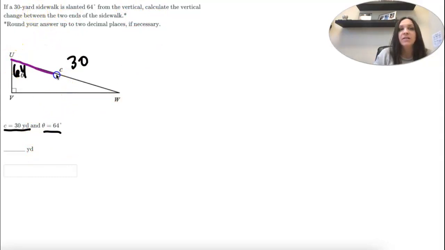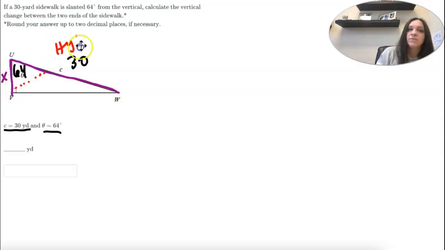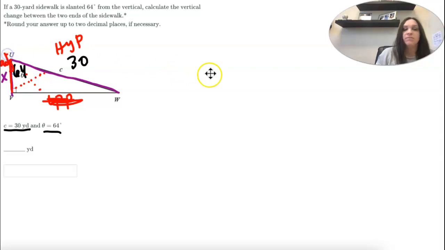It's slanted 64 degrees from the vertical. Calculate the vertical change. All right, that's that. So let's see what we got. We know the hypotenuse. We do not know the opposite, so we're not going to use that one. We're trying to find the adjacent.